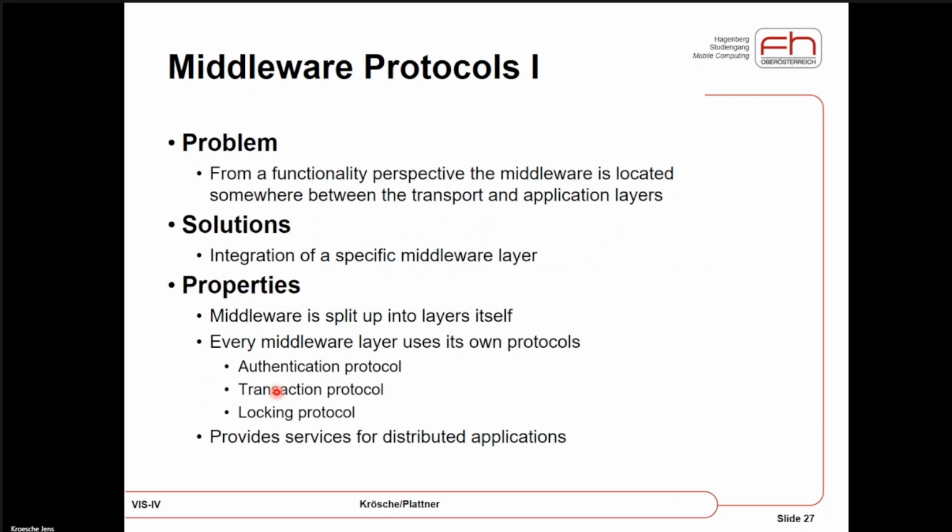In the background, a specific protocol needs to be executed, which typically uses TCP and UDP in the background. And the thing is that when we use the middleware itself, different technologies are available, we typically don't see that anymore.